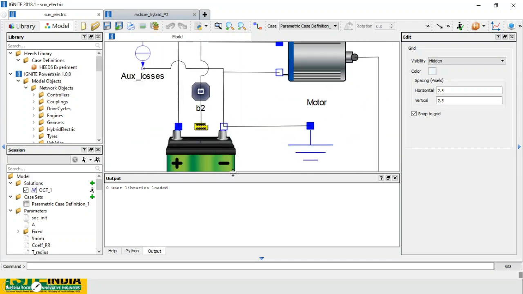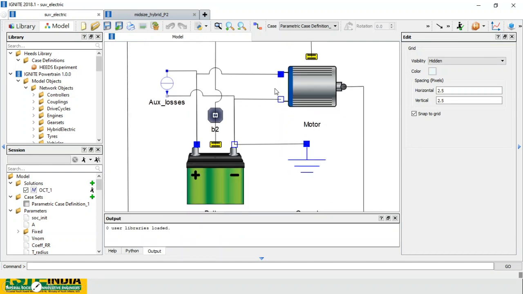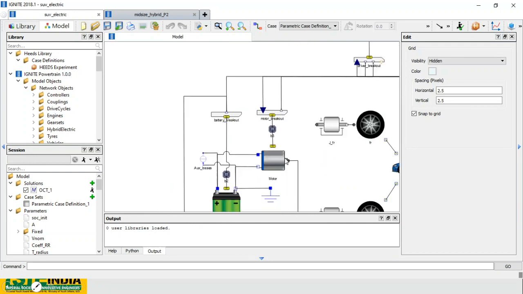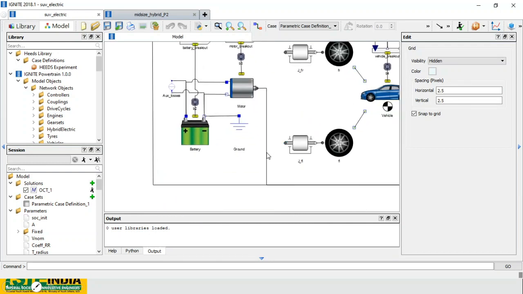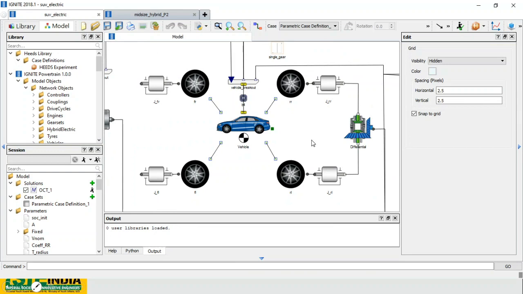Let me hide this for you. Okay, so this battery will power the motor, or it will take the charge, and then it is going to power the differential. So it's a rear wheel drive, it's actually powering the rear wheels.